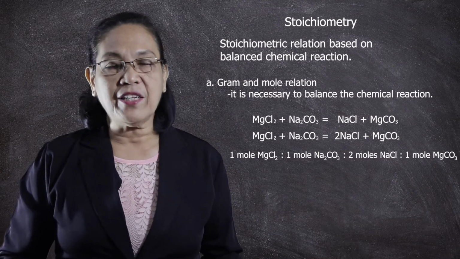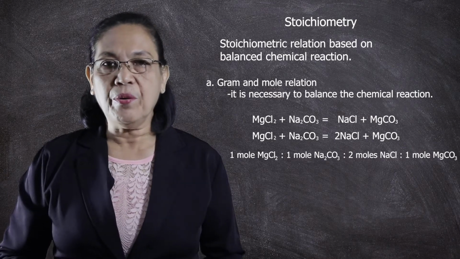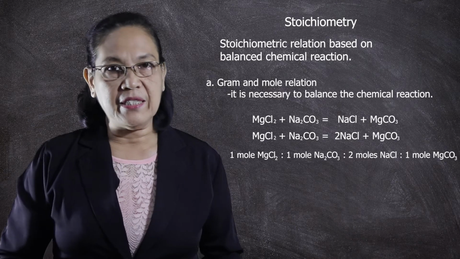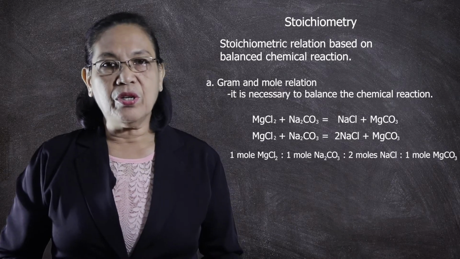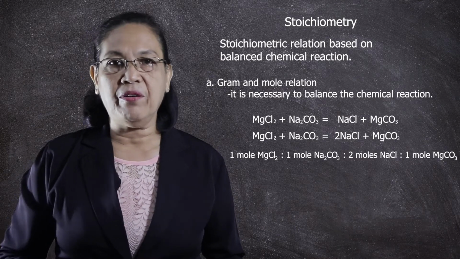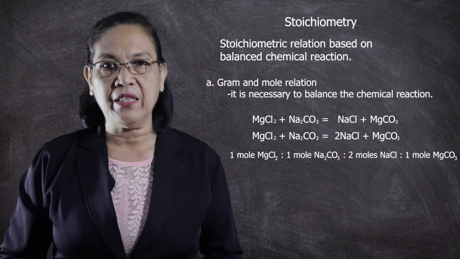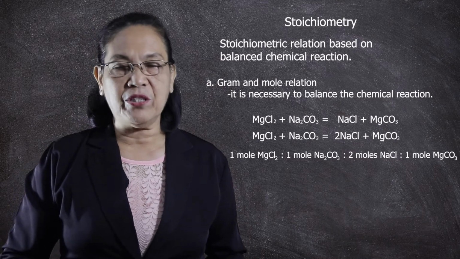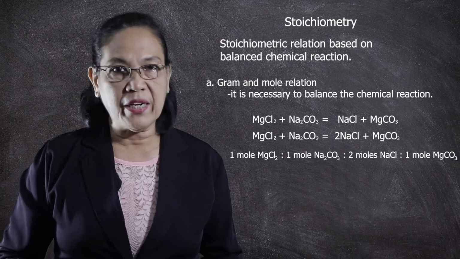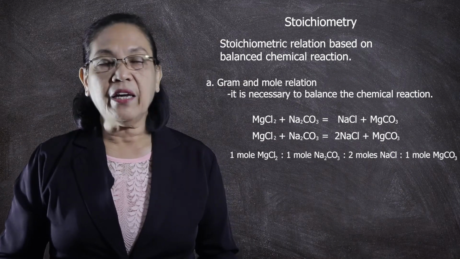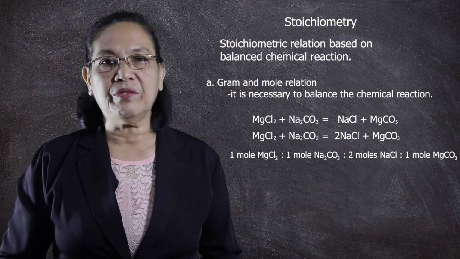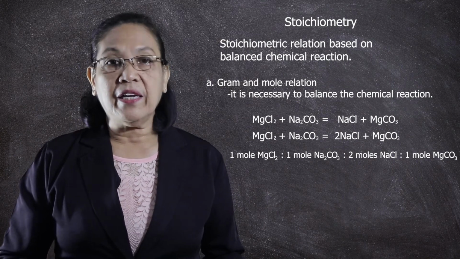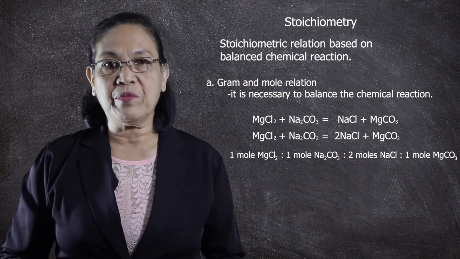The molecular mass of sodium chloride in the product, since it is multiplied by 2, is only 58, and when you multiply that by 2, it becomes 116 grams. And the molecular mass of magnesium carbonate is 84 grams.